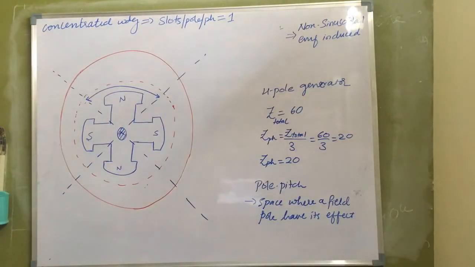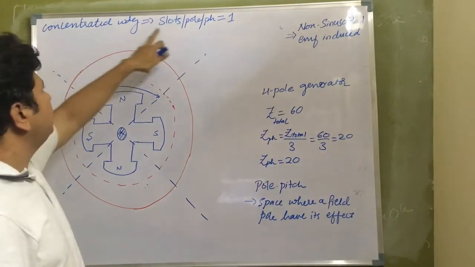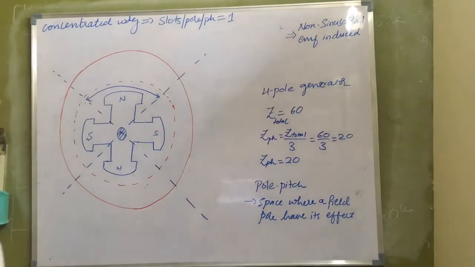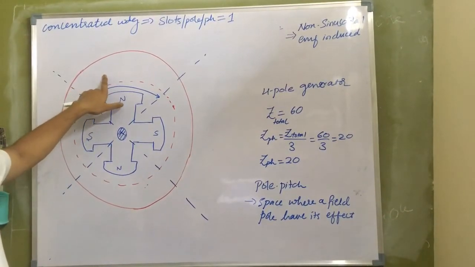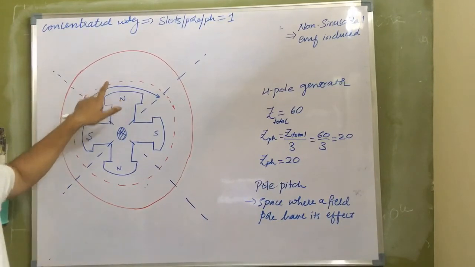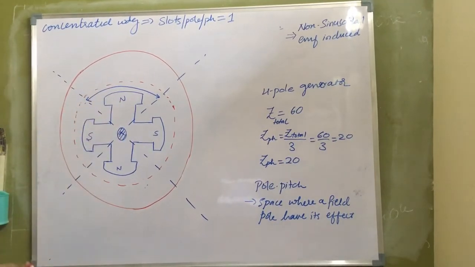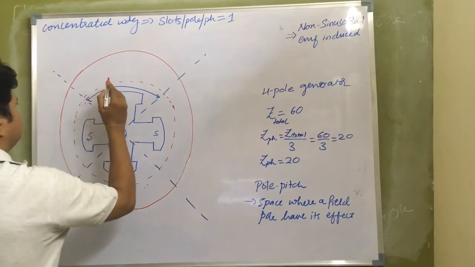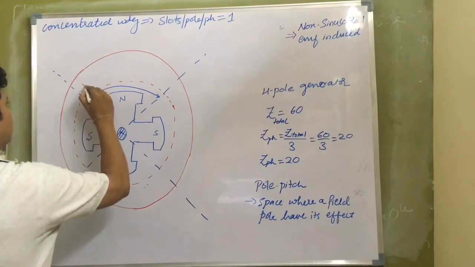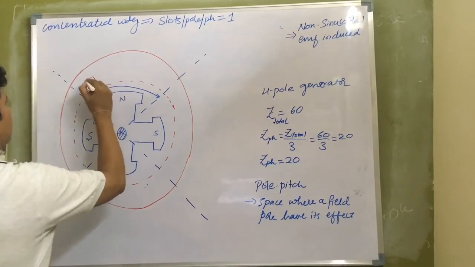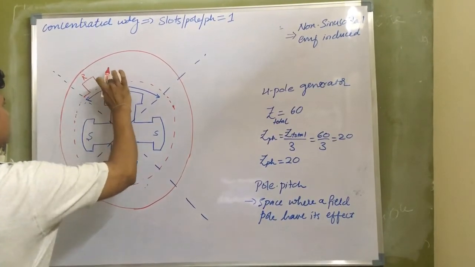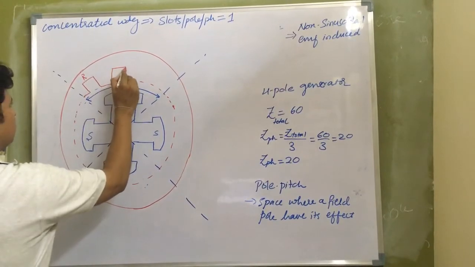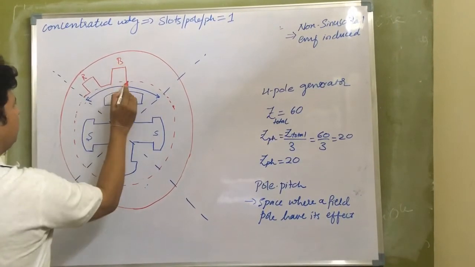So now here, as per the concentrated winding, slots per pole per phase will be equal to 1. Under each pole, there is only one slot for each phase. That's it. Now I have one slot for R phase, one slot for Y phase and one slot for B phase.